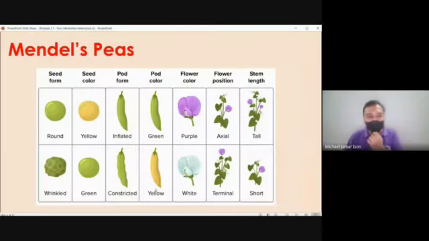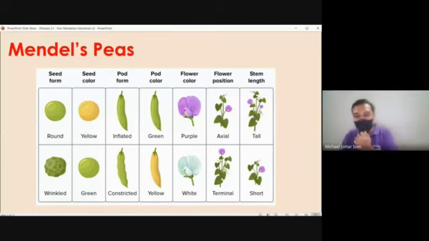First of all, let's go back to what we have been discussing for the past few meetings. You will be noticing something very important here. These are the characteristics of the pea plant which Mendel made use of in his experiments. Take note of the following: for the seed form, round and wrinkled; for the seed color, yellow and green; for the pod form, inflated and constricted; for the pod color, green and yellow; for the flower color, purple and white; for the flower position, axial and terminal; and for the stem length, tall and short.